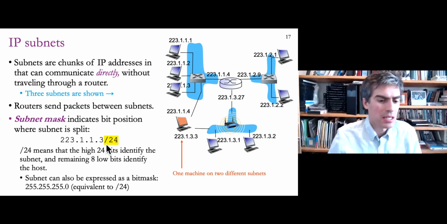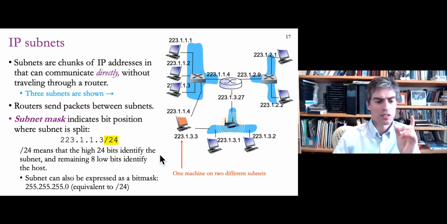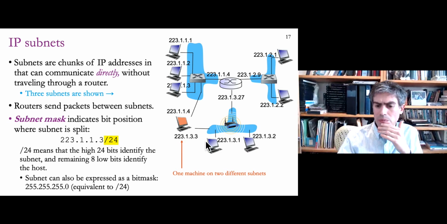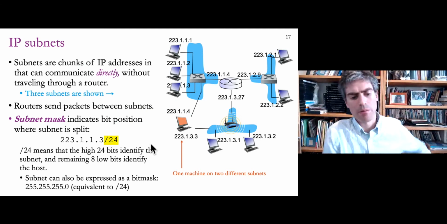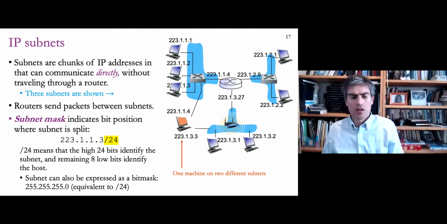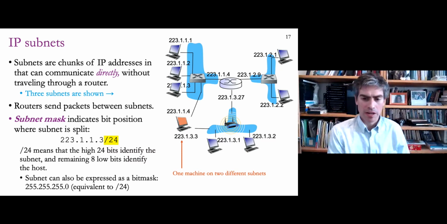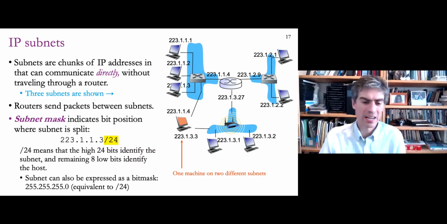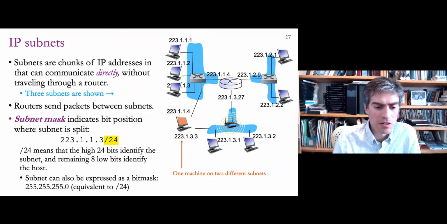And the subnet mask indicates a bit position where we split the IP address, and all the bits higher than that position define the subnet, and the ones below define the individual machines within the subnet. I'll have a diagram in a second that shows that a little bit more explicitly.